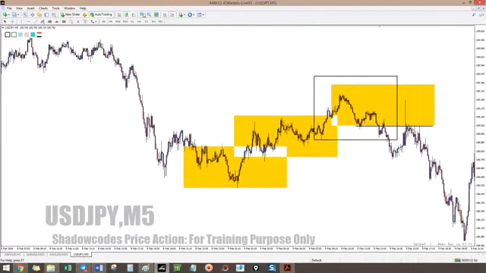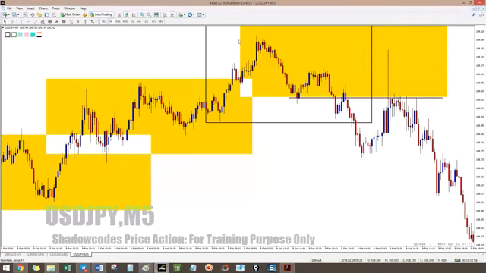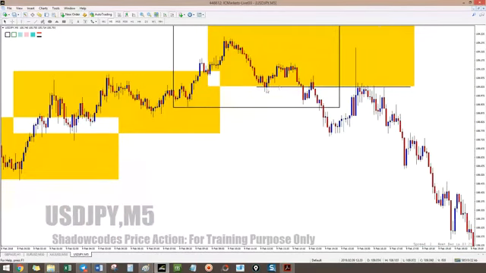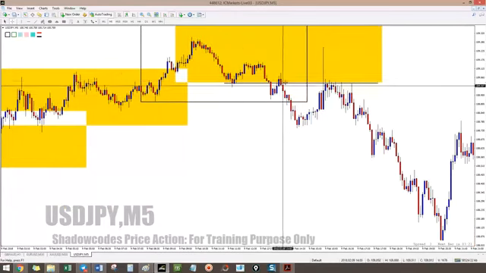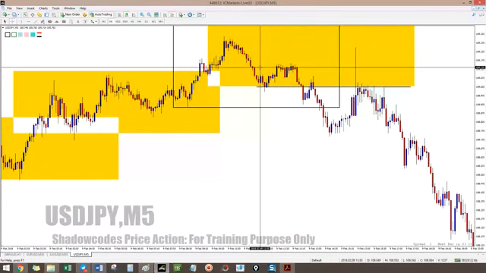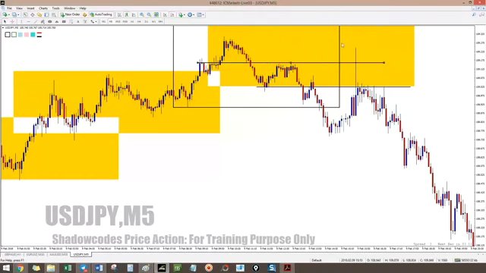Change to candlestick. Let's zoom in a little. What do we have here? We also have a QM, a RBS SBR entry. If you are using QM, it will be something like this. This is a HNS entry.